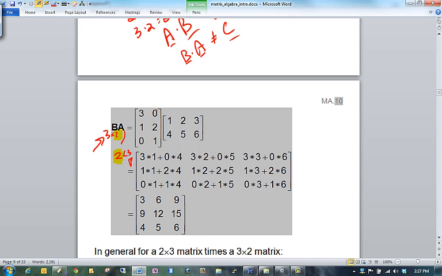For example, I take the first row of B times the first column of A, the corresponding elements, add them up, and you get 3. You do that throughout, and you see that we get a 3 by 3 matrix in the end. Of course, that's different from our 2 by 2 matrix before. Now, even if, for example, A was a 2 by 2 matrix and B was a 2 by 2 matrix, then C is obviously going to be a 2 by 2 matrix.